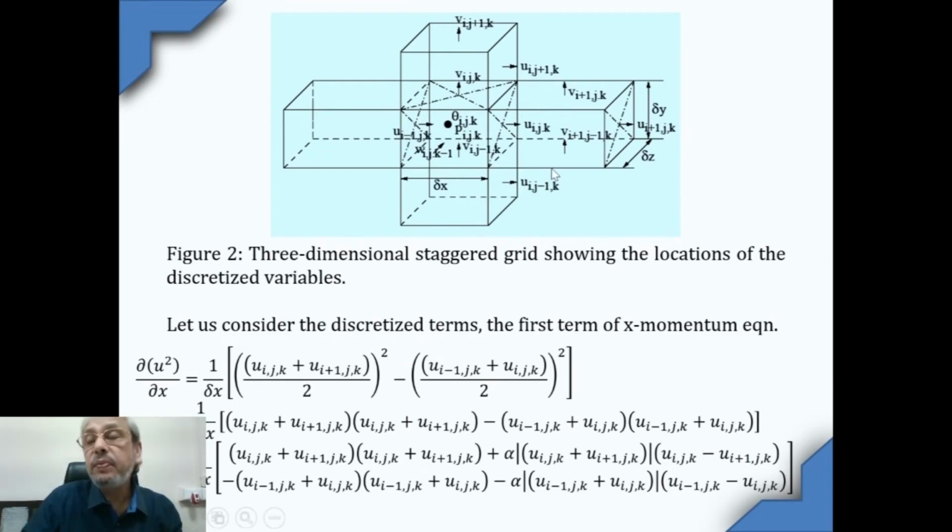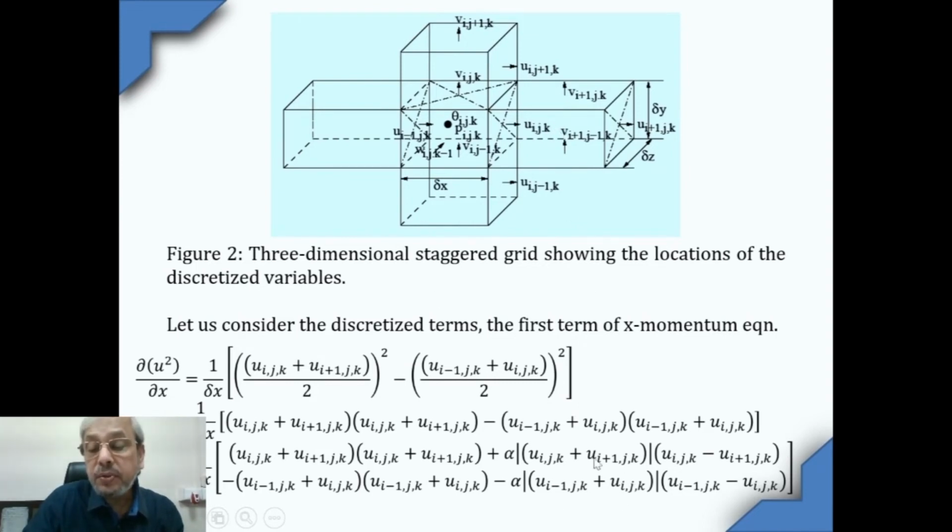If there is any flow separation, then there will be locally negative velocity. So we have given that flexibility: we have put uijk plus ui plus 1 jk under modulus sign. That means this will remain valid whether that velocity is positive or negative.